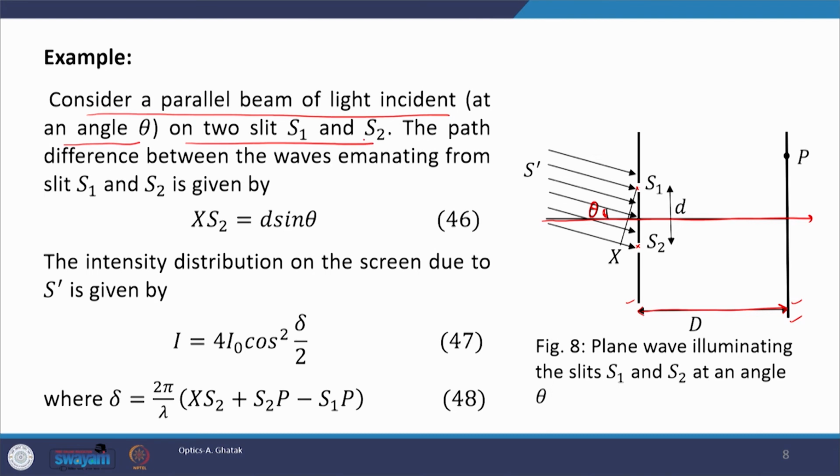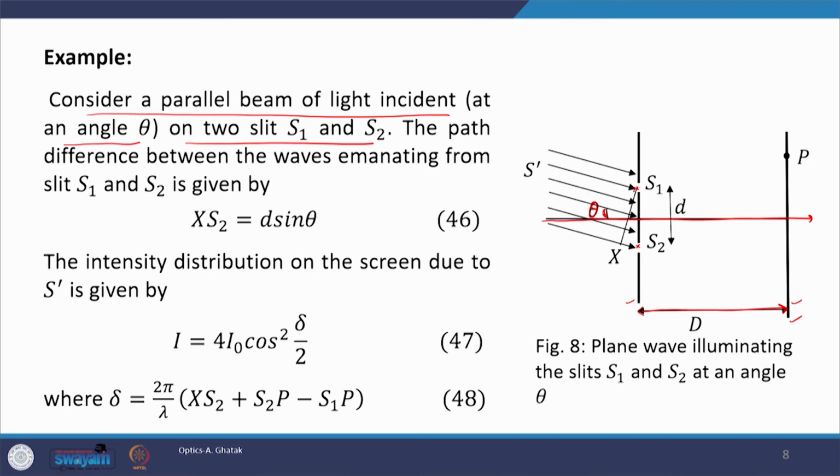Since the light is not launched perpendicular to the source plane, there will be a path difference between the light falling on S1 and the light falling on S2. How do we calculate this path difference?